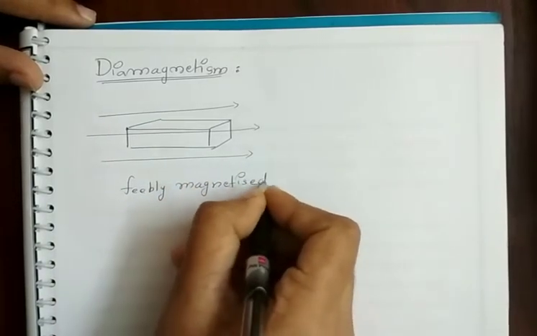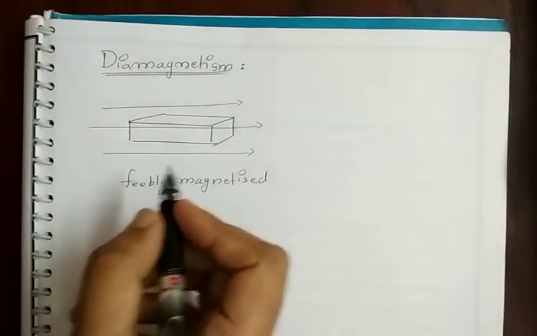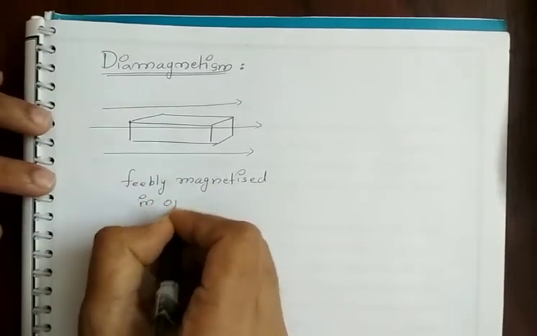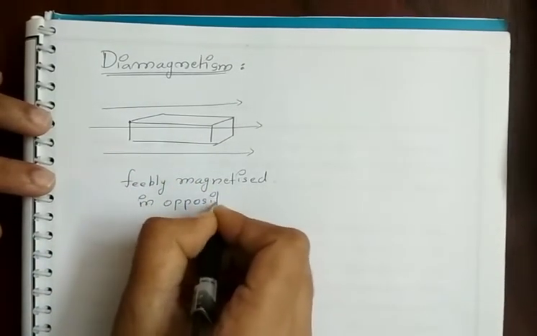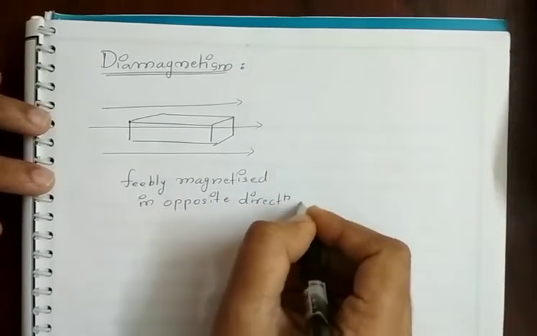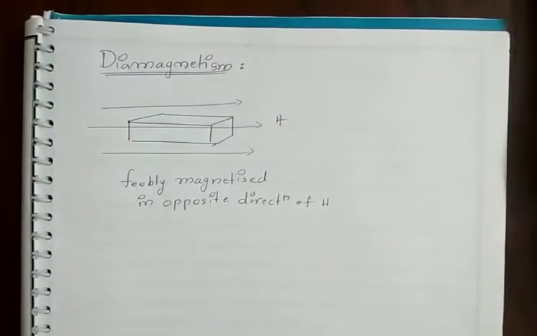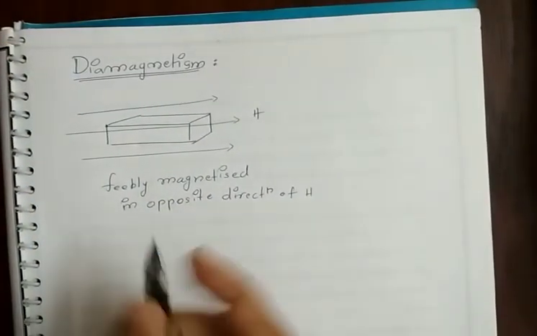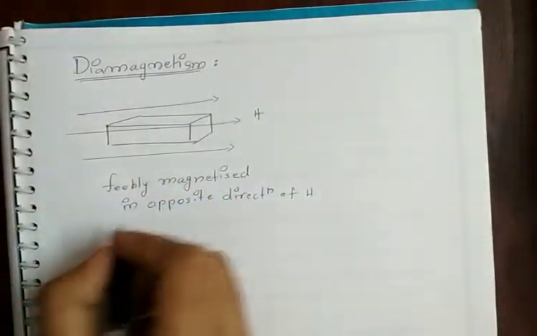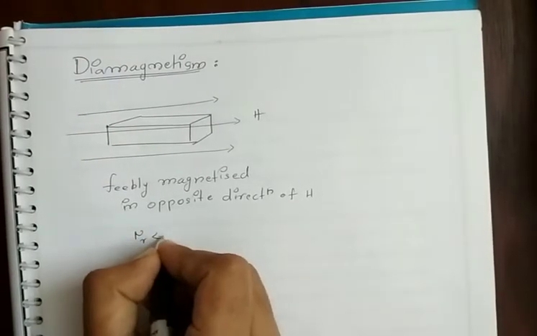But the difference between diamagnetic and paramagnetic material is that the diamagnetic material gets feebly magnetized in the opposite direction of the applied field, the opposite direction of H. So if H is the externally applied field, diamagnetic materials get magnetized in the direction opposite to the applied field, and their relative permeability mu r is less than 1.